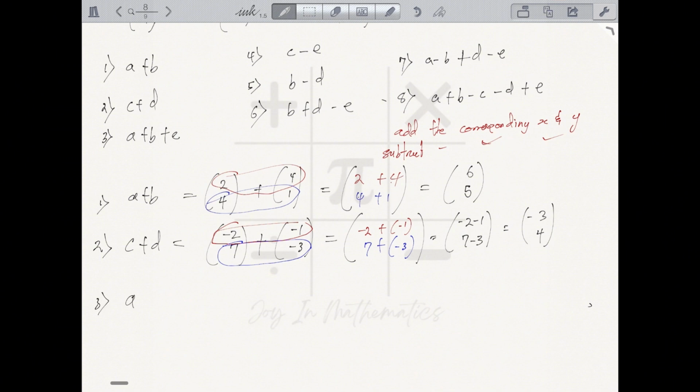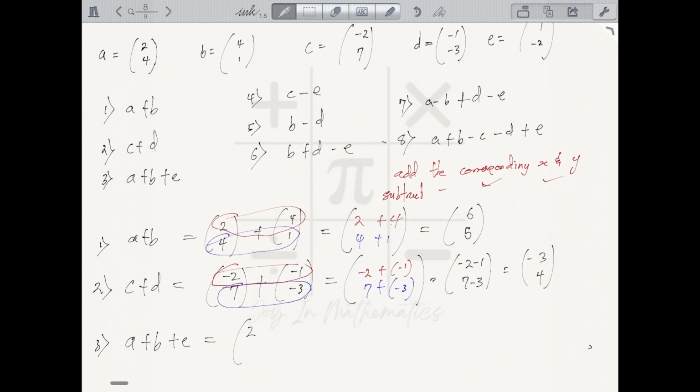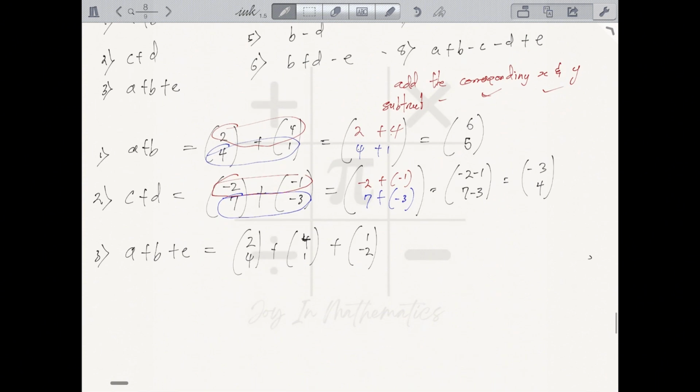Question 3 now, we have A plus B plus E. Now A is vector (2, 4), B is vector (4, 1), and E is vector (1, -2). Now we can solve this in 2 ways. We can resolve this first, then add it to this, or we simply take everything all together.